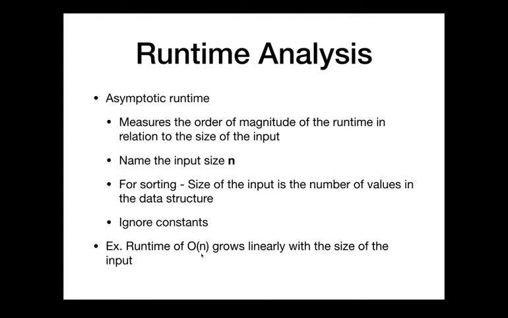So in an O of n algorithm, it could be n times 100 steps for each input. It could be n divided by 1,000. But that would still be O of n, as long as it's linear in n. n times some constant plus some constant is going to be O of n runtime.